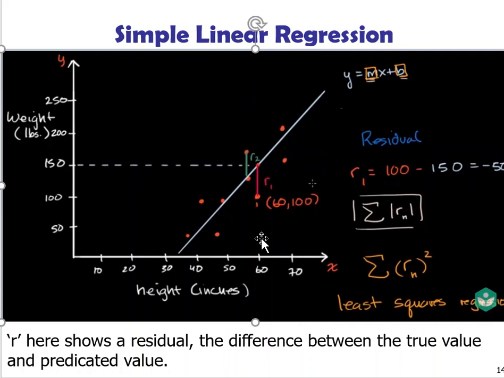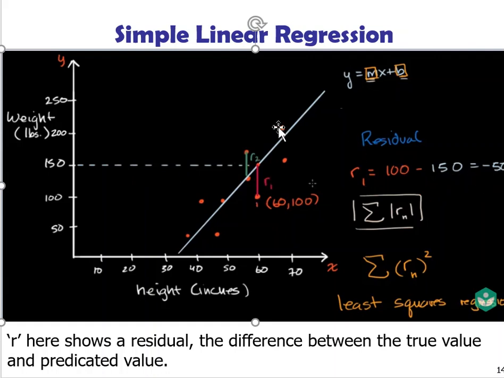The way we assess the goodness of the line is by computing the residual. The residual is the difference between the real value, 100, and our predicted value, which in this case is 150. So we have a residual of negative 50.